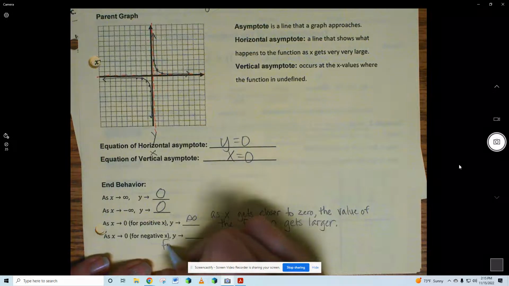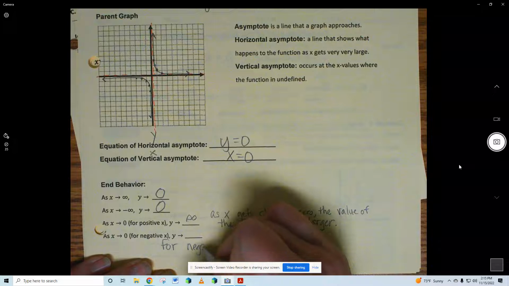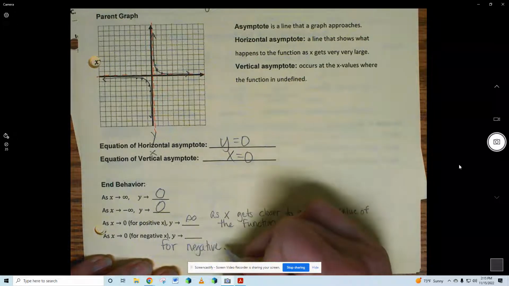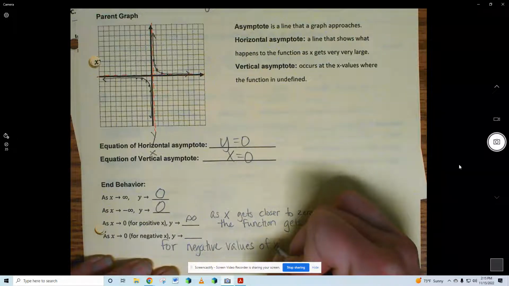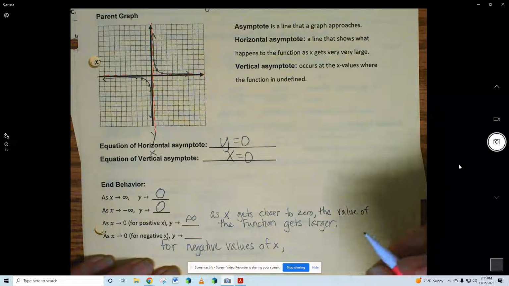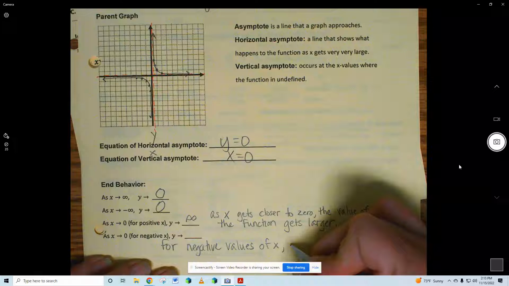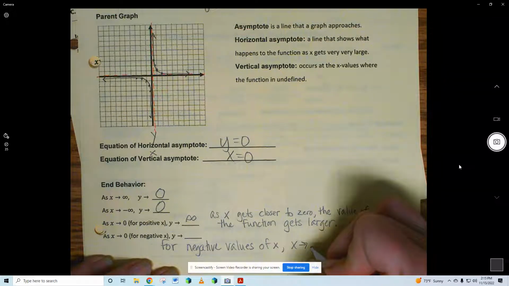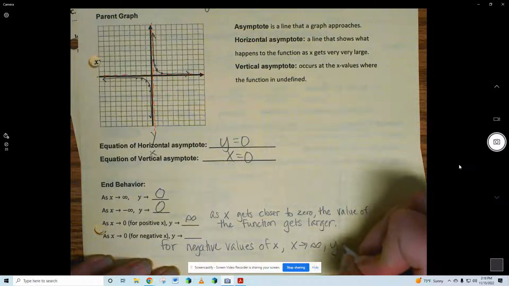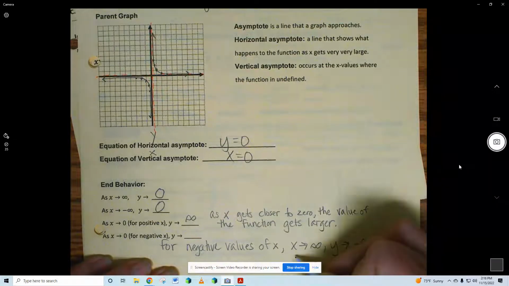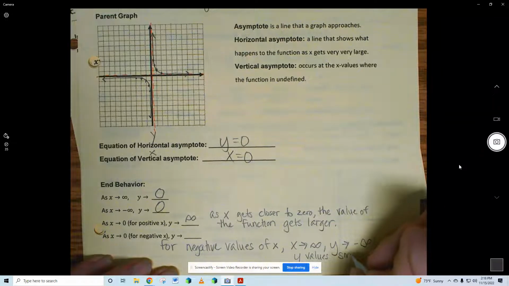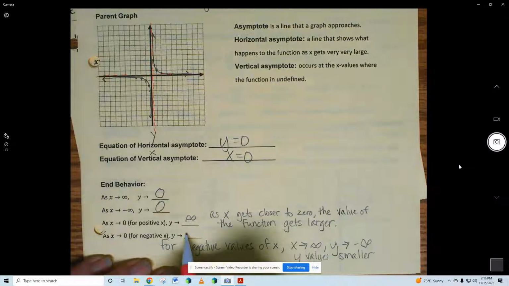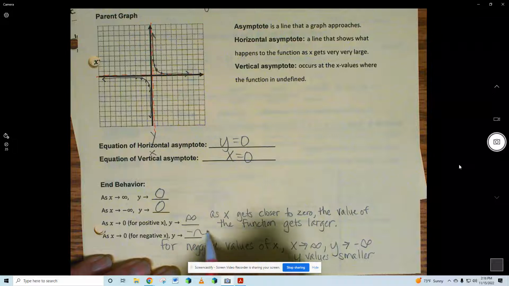And then for negative values of x, so x approaching 0, y approaches negative infinity. Y values get smaller. Negative infinity.